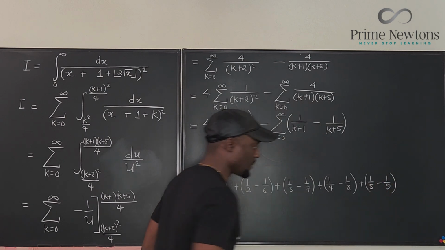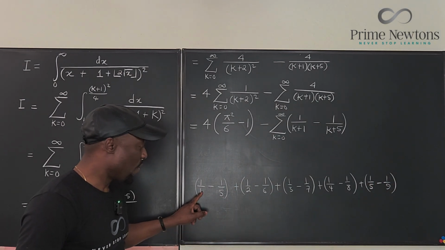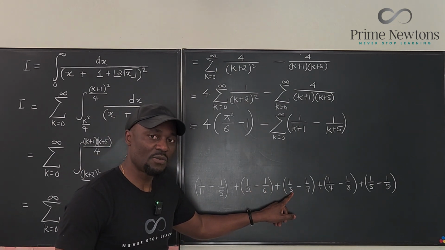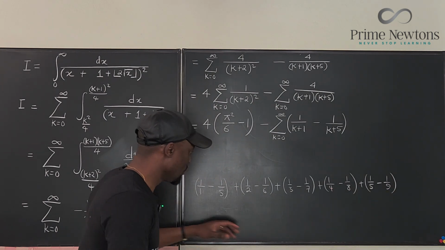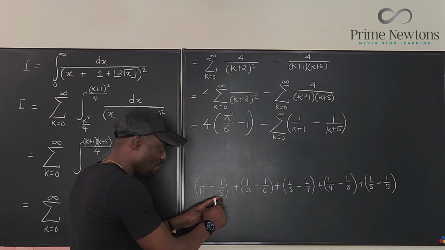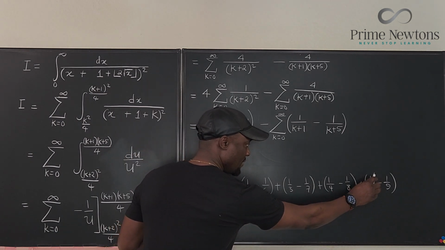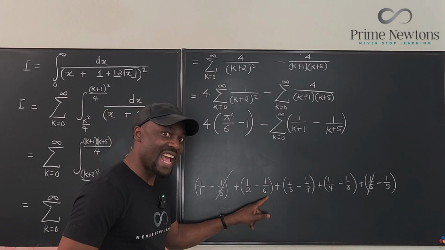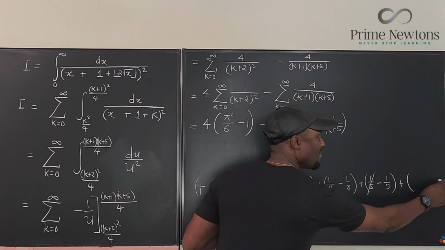Okay? So now something you can see is that the ones on the left are increasing, the ones on the right are also increasing in the denominator. So this negative 1 over 5 will ultimately be taken out by this positive 1 over 5, and this negative 1 over 6 will ultimately be taken out by the next parenthesis.